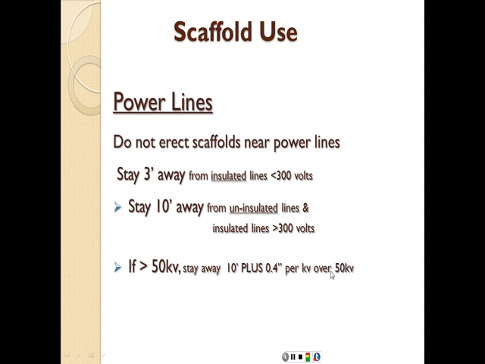So for example, if it's 55 kilovolts, then it's going to be 5 times 0.4 inches. That's a total of an additional 2 inches plus the 10 feet. The increment is going to be very small, but again, at least we are keeping the 10 feet safe distance.